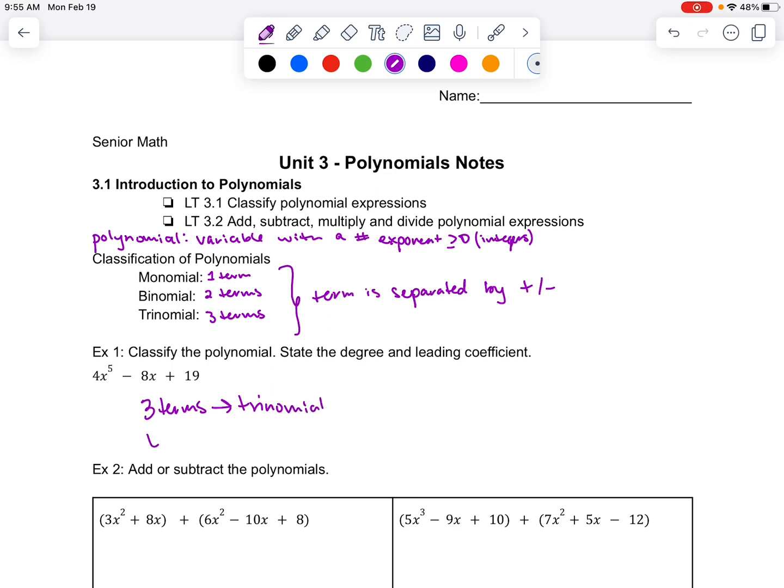The leading coefficient, this is the highest exponent term coefficient.